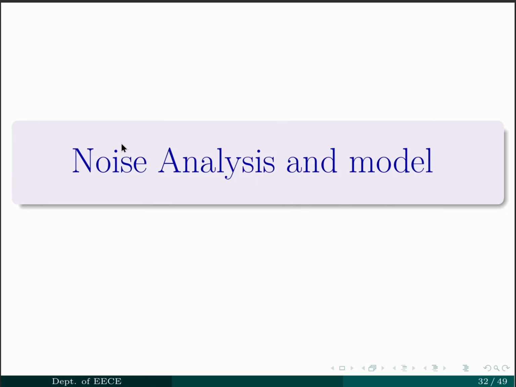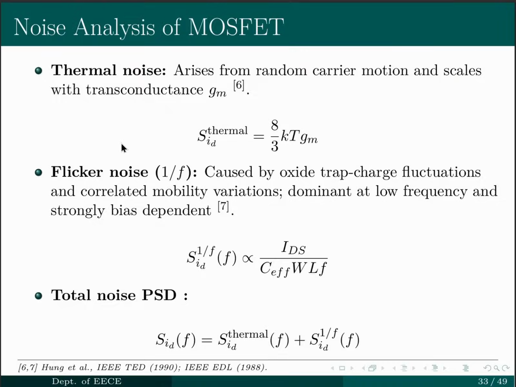Now I am going to analyze the noise for the SGFET device. Normally in the MOSFET there are mainly two types of noise. The first one is thermal noise, and the second one is flicker noise.